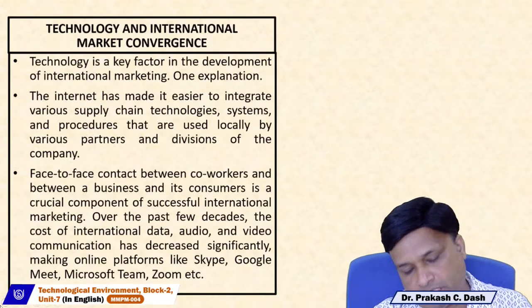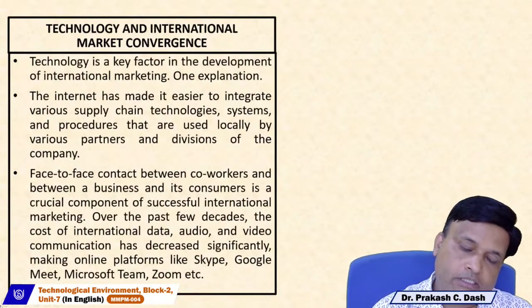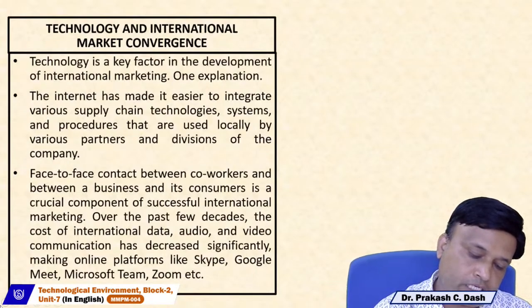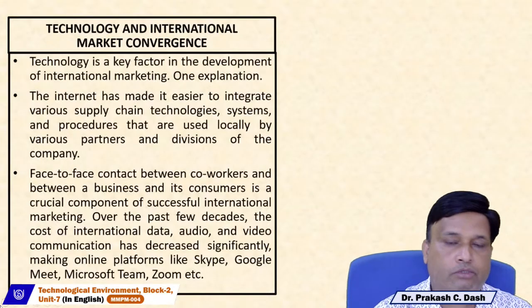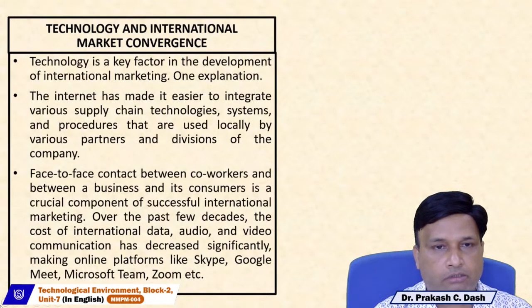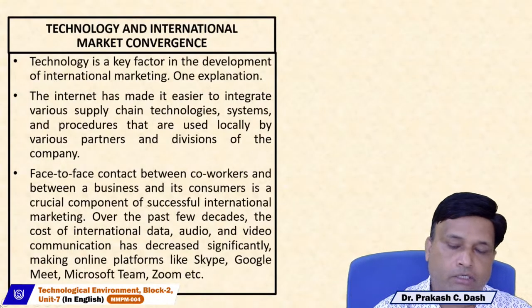Then we talked about how technology has converged the whole market. The world has become one market because of technology. Face to face interaction and supply chain management are all possible through technology, which is converging the whole market into one market.